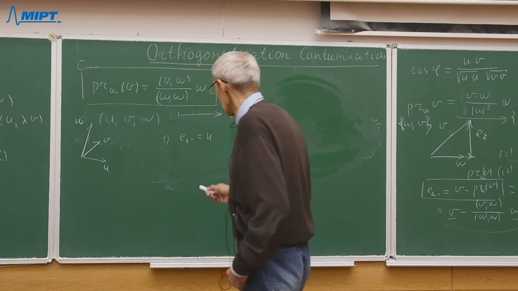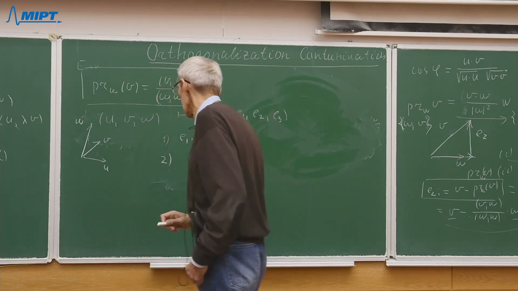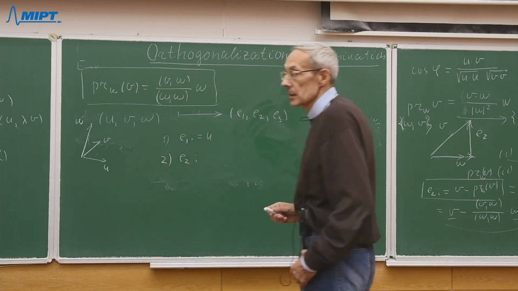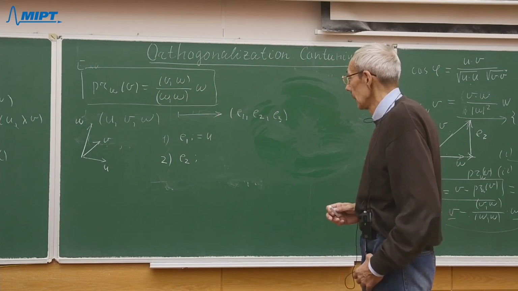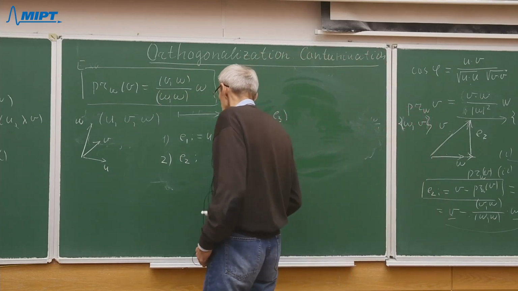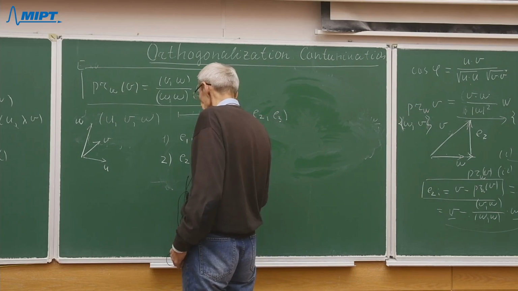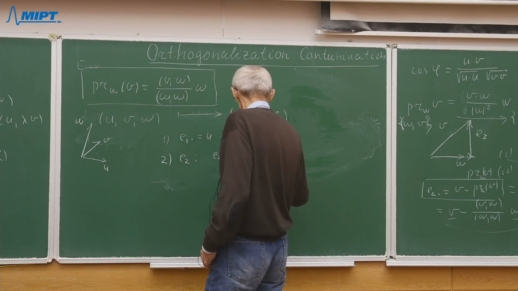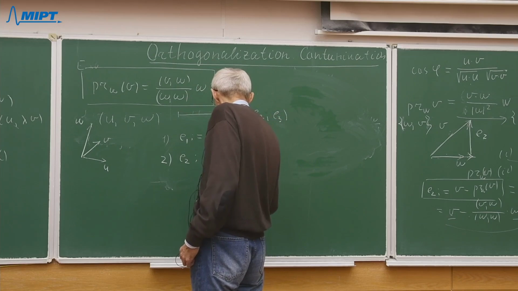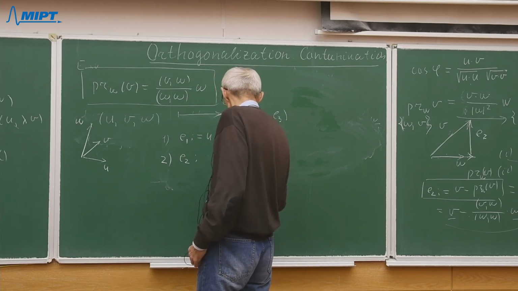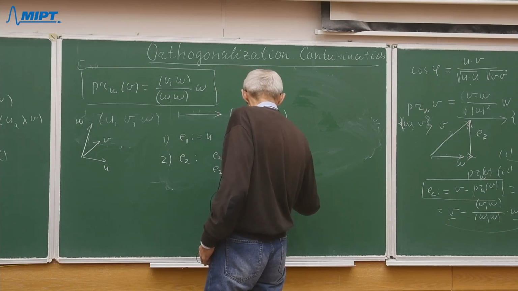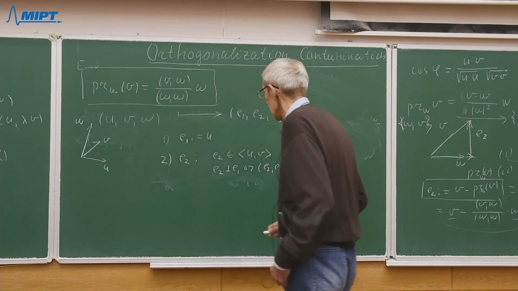Second step, we construct the vector e2 which satisfies the following conditions. First condition, e2 belongs to the linear span of u, v, and second condition, e2 is orthogonal to e1, or the scalar product (e2, e1) is equal to 0.